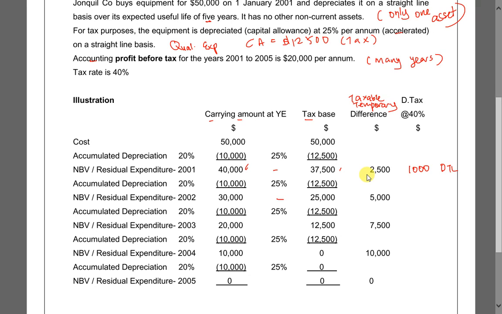Carrying amount minus your tax base. I have claimed extra 5,000. So meaning in the future, I have to pay another 5,000. Taxable temporary difference. So deferred tax liability 2,000. The third year will be the same thing, 3,000. Fourth year will be 4,000. So we do until 4 years first, year 5 later. DTL, DTL, DTL. 4 years.